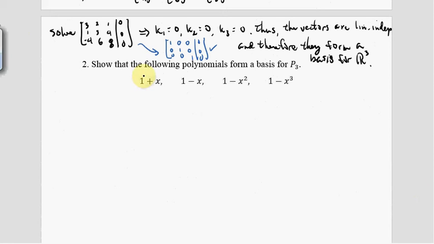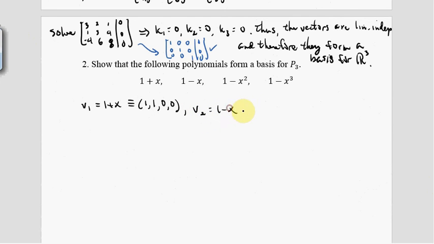Now, show here that the following polynomials form a basis for P3. Let me give them some names. V sub 1 is 1 plus x. I'm going to denote it as 1, 1, 0, 0.